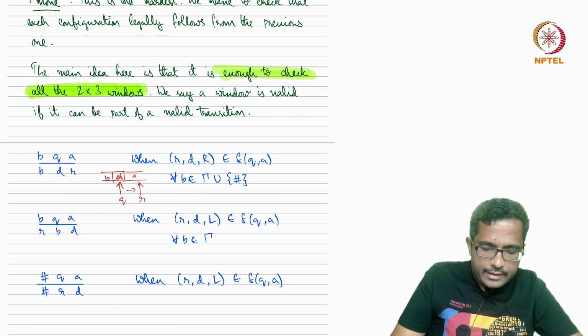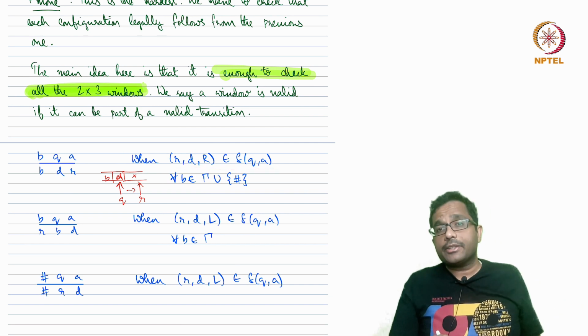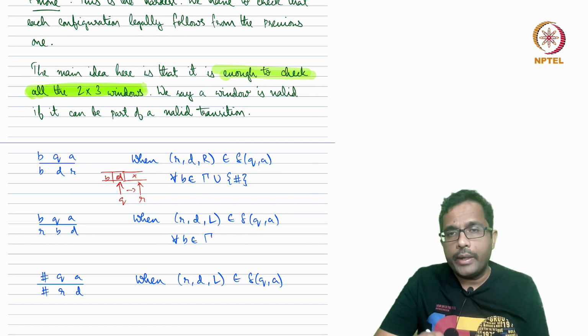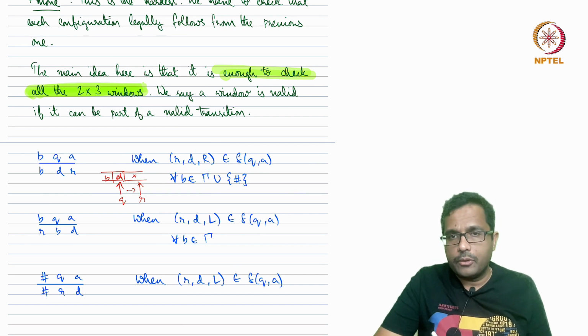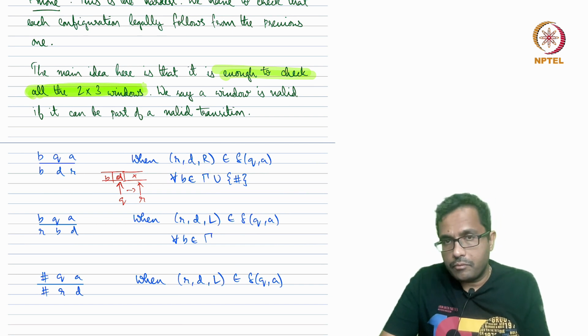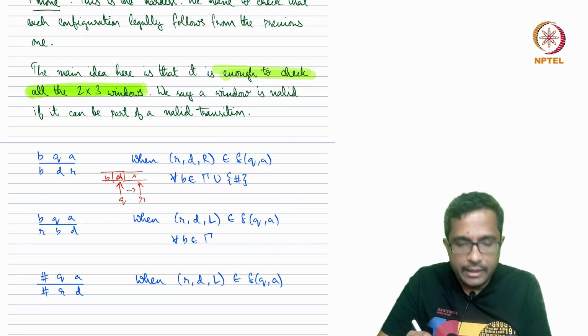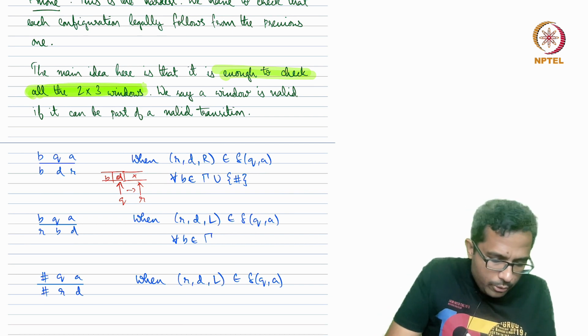Delta QA contains RDR. Notice that this is a non-deterministic Turing machine, so we don't say delta QA equal to. This is one of the many possible moves, or some possible moves. We don't know how many, and B could be any symbol.